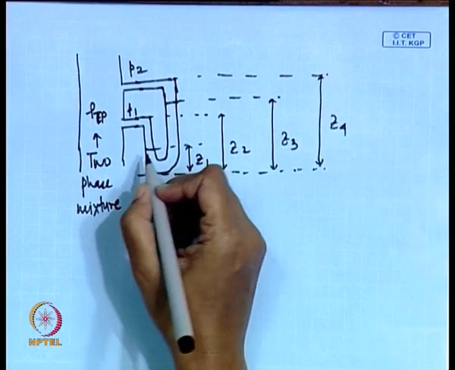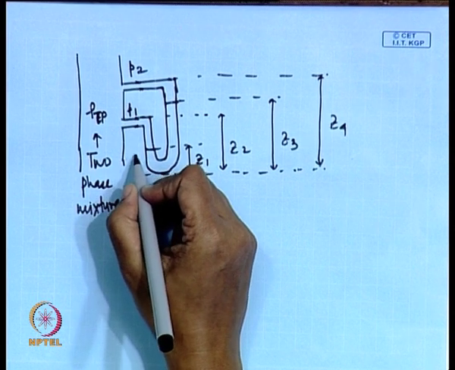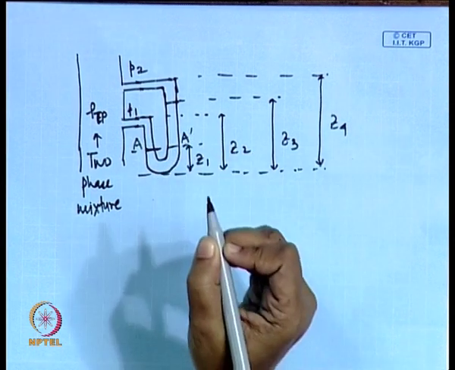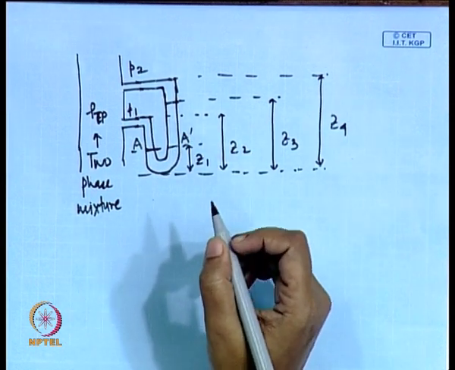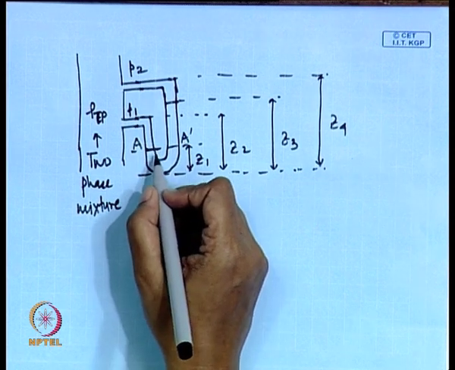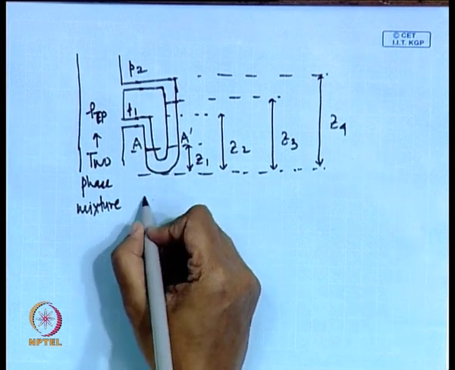It is simply, suppose we make a force balance, a pressure balance, across the section A prime. So, what do you find? The pressure at A, what is it?